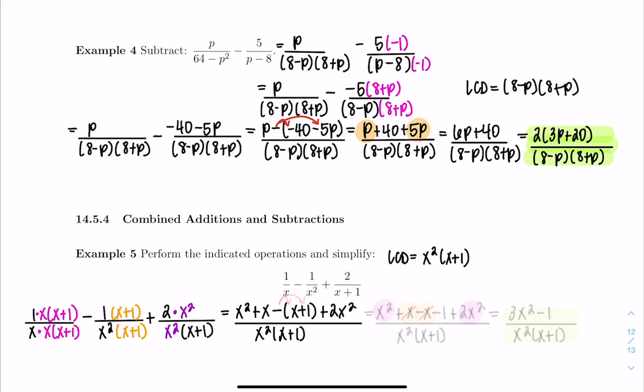So let's go ahead and distribute this negative before we combine like terms. So I have x squared plus x minus x minus 1 plus 2x squared. And that's all over the LCD.